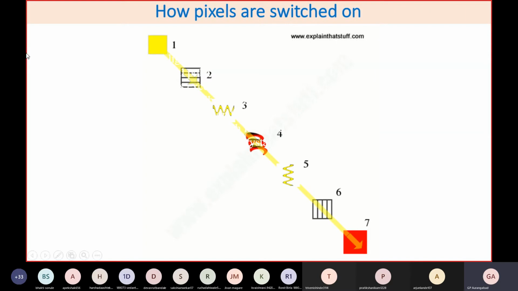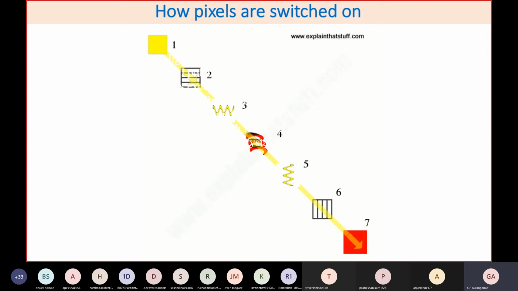That is why, when you see this third waveform, it is horizontally polarized, and now it becomes vertically polarized. This horizontal polarization is converted into vertical polarization due to the natural property of the LCD, which is in twisted form.